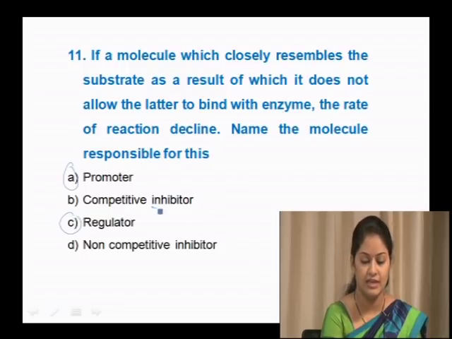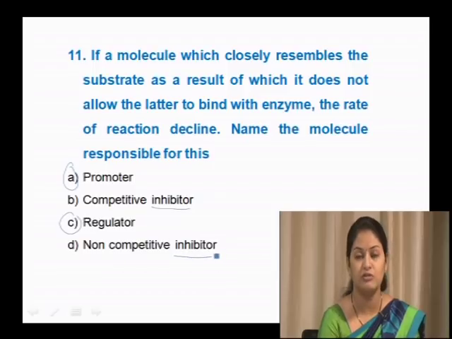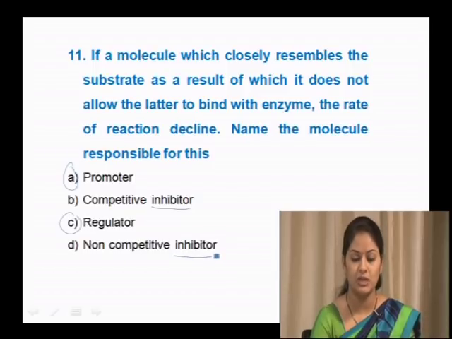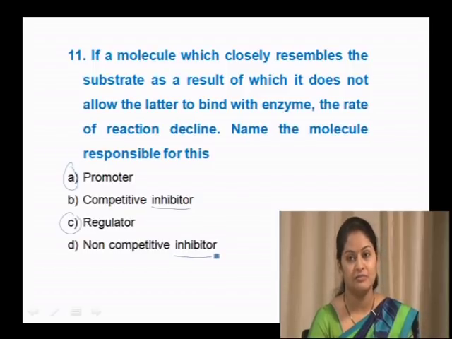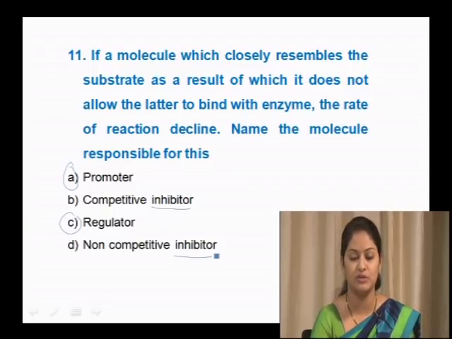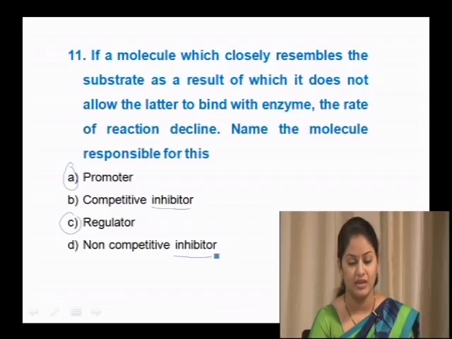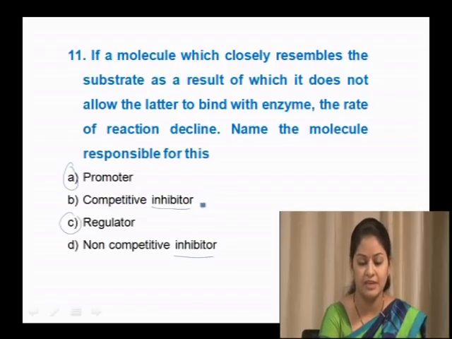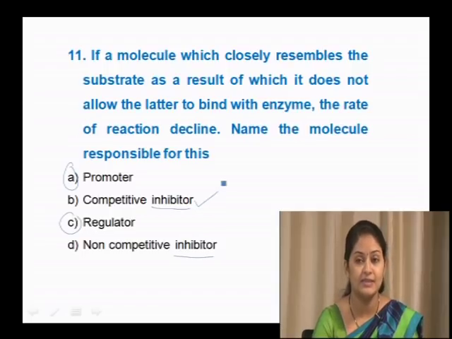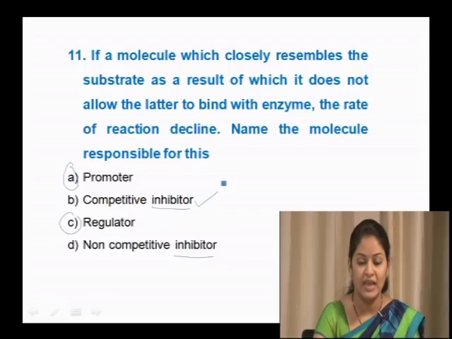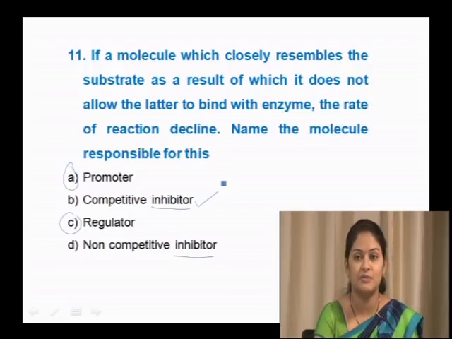Just remember, inhibitors are the group of chemicals which will drop the enzyme activity because of their association with the enzyme. With respect to competitive inhibitor, what we have to remember is that it is a substance which will block the active site of the enzyme, as a result of which the substrate cannot come and bind to the enzyme molecule.